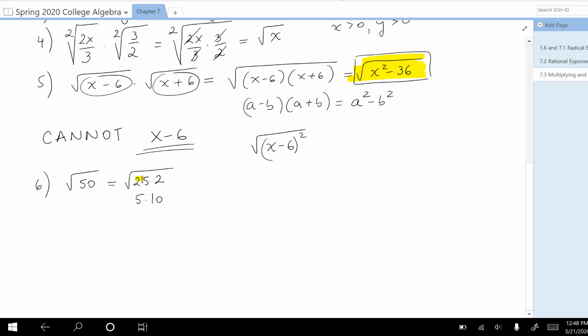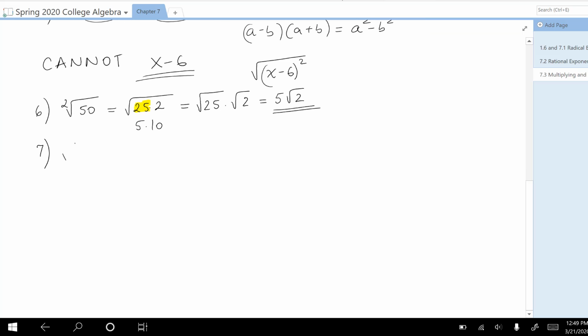Because 25 is a perfect square. Why do I want a perfect square? Because of the square root, right? Based on the first formula, but used from right to left, we separate into square root of 25 and square root of 2. Well, square root of 25 is 5, and square root of 2. This is simplified.